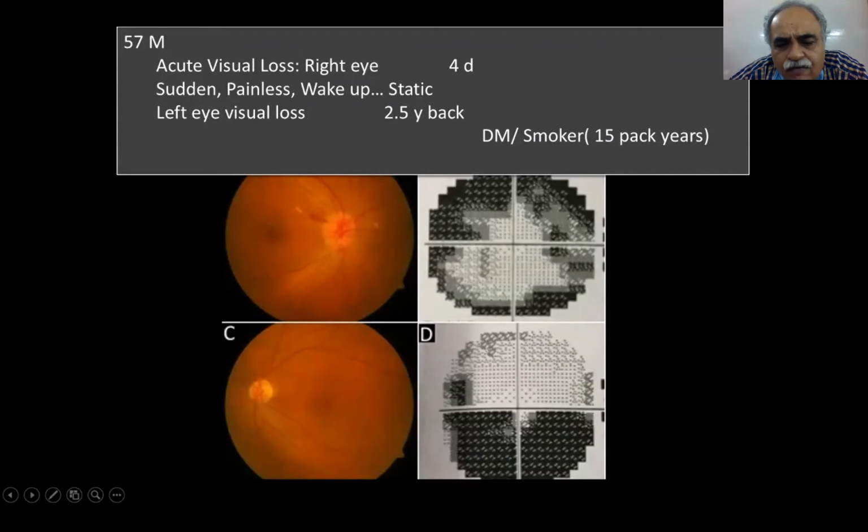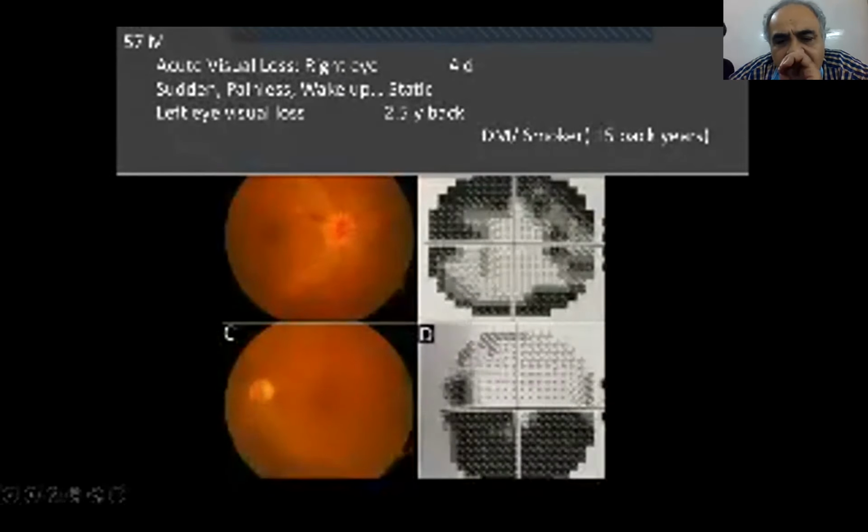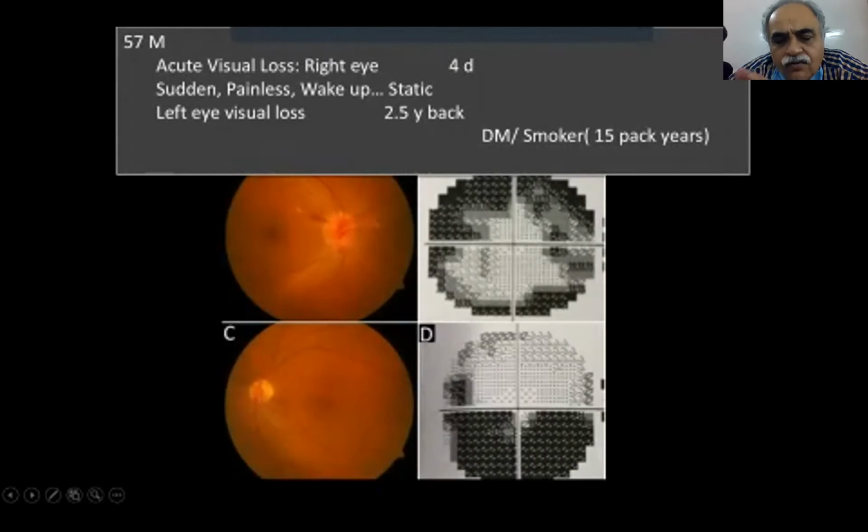Notice very carefully that the hallmark happens to be altitudinal field defect. An altitudinal field defect does not occur in any other condition other than an ischemic infarction of the optic nerve. I have to date, in 30 years of clinical practice, never seen an altitudinal field defect in any other condition.